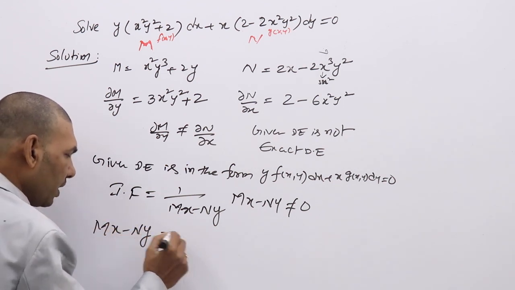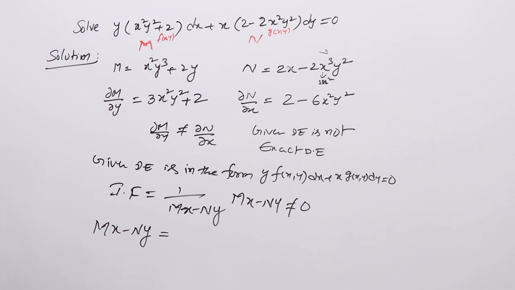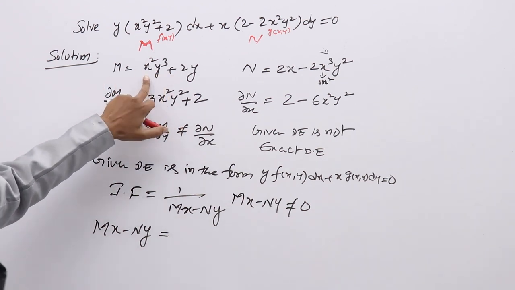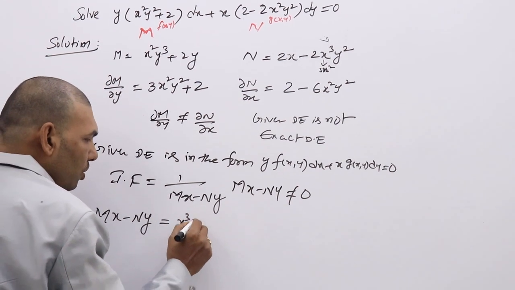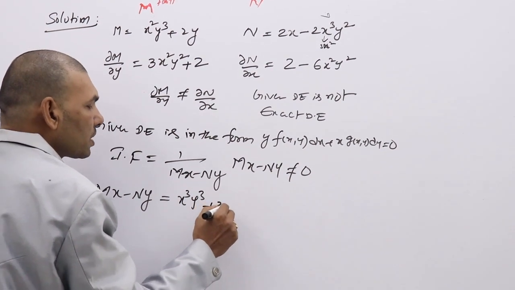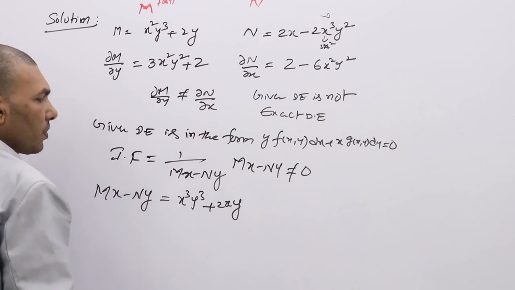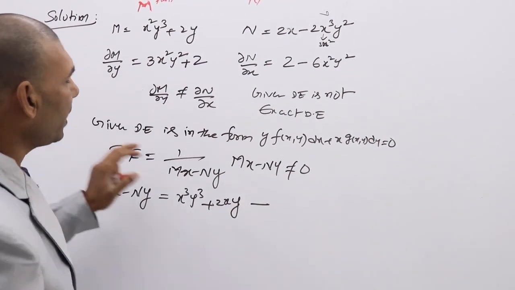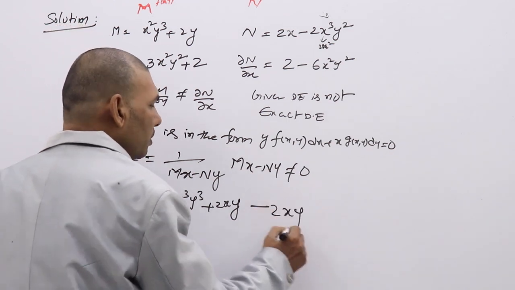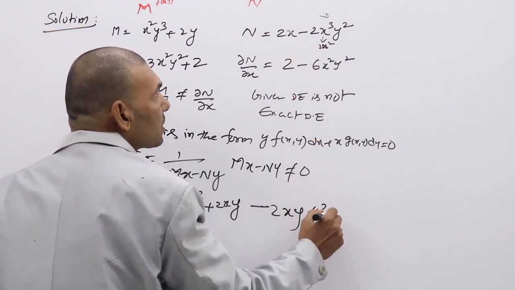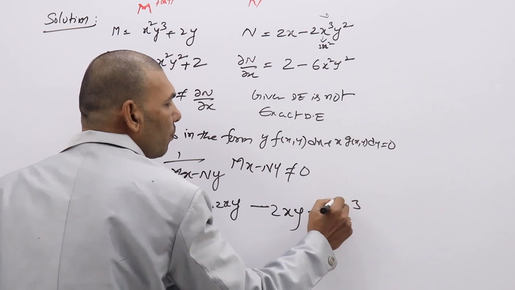Multiply M with x, N with y: x into (x square y cube plus 2xy) minus y into (y minus 2xy plus 2x cube y cube).